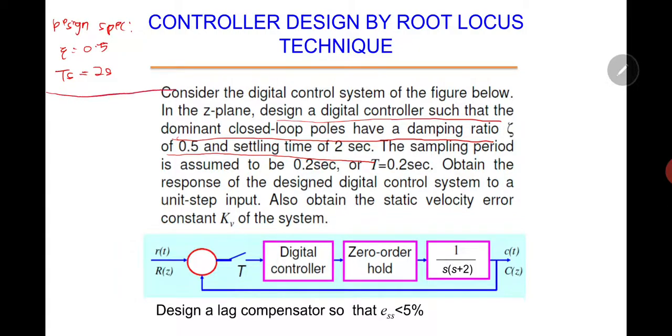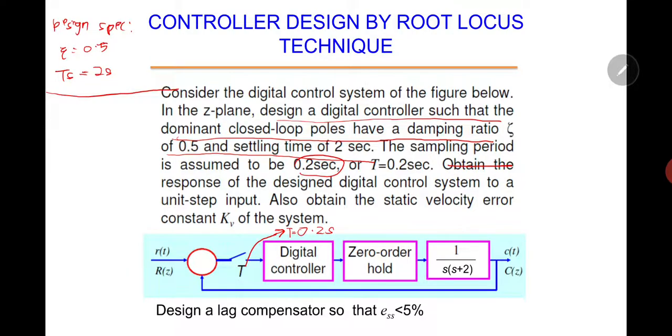And then the sampling period is assumed to be 0.2 second. This T is the sampling time that we are using to convert from analog to digital signal, T equals 0.2 second.